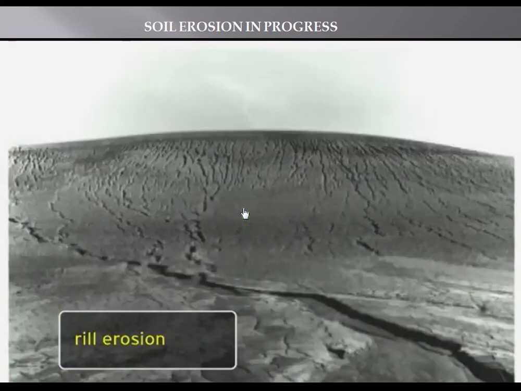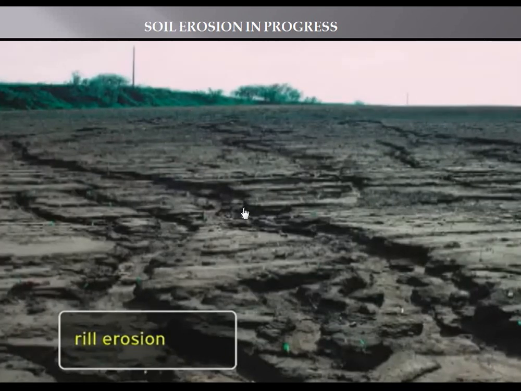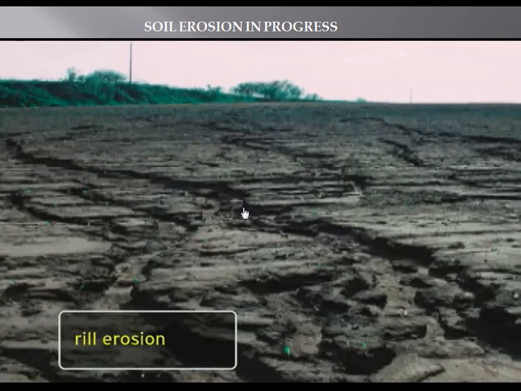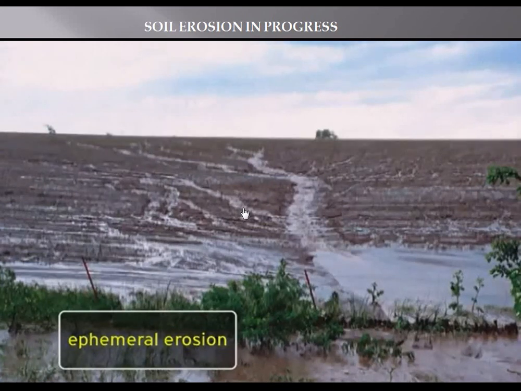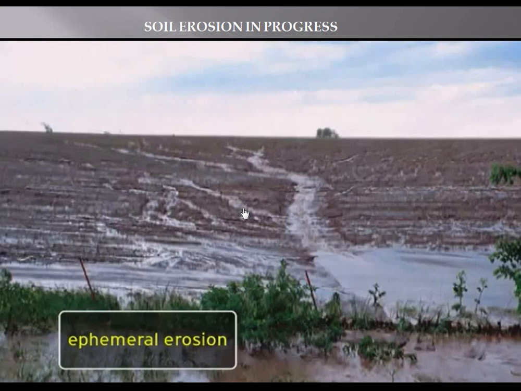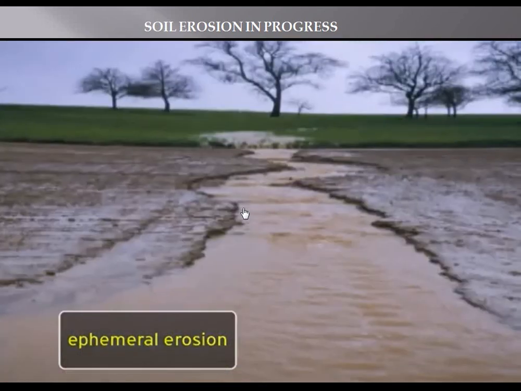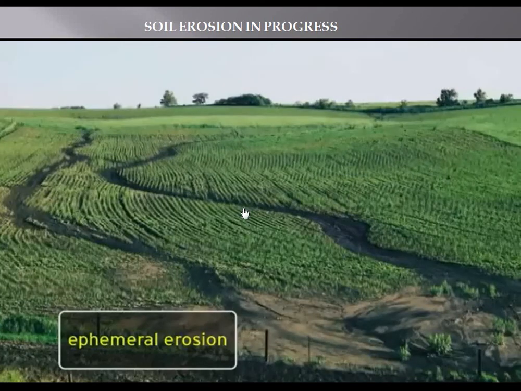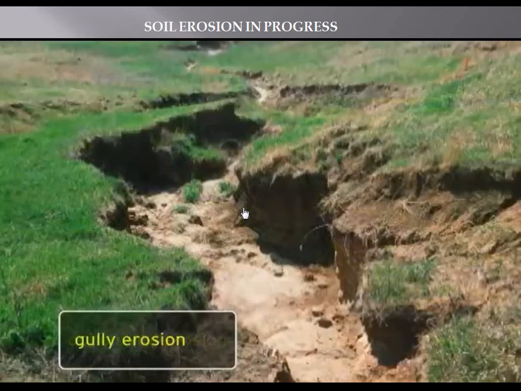Now when you come to this area, we look at rill, the small channels where water is moving, where water is eroding, as you can see. This kind of erosion is close to the river banks and water bodies, where it widens the small channels into long and surface areas.